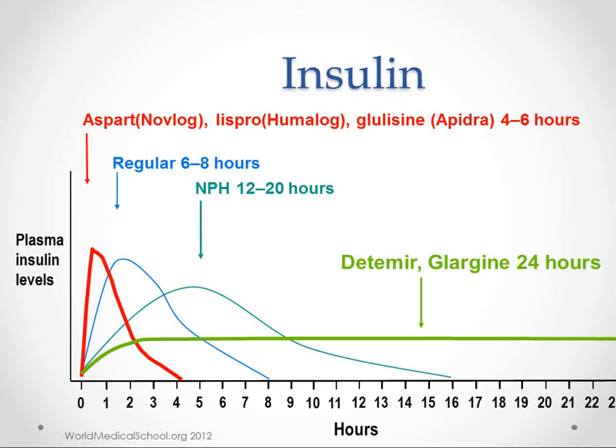Okay, so a mixed split, or a split mixed, is going to be when you give one of these short-acting ones like aspart, lispro, or glulisine along with NPH, and you give it 2 times a day, so before breakfast and before dinner. And so you get the fast-acting to cover your insulin needs right after this meal, and then you have a little bit longer acting with the NPH that will help you cover you later through the day.